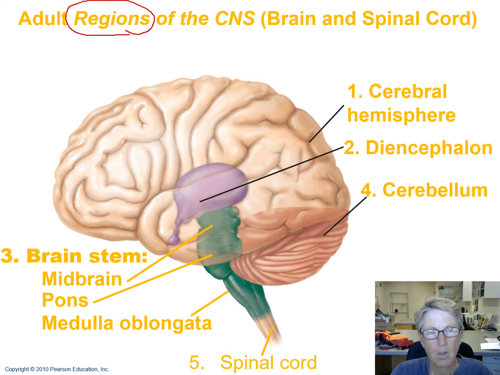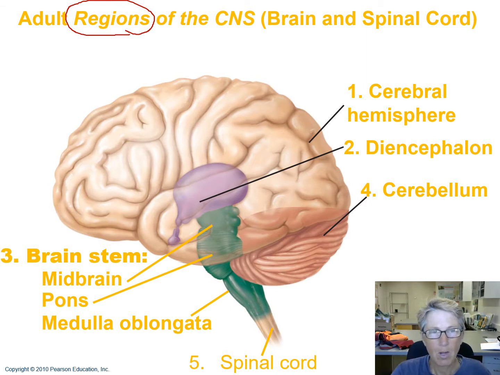So in this cartoon, we have regions of the central nervous system. I've italicized this because I want you guys to keep track of the different areas that we talk about. We're going to have regions and subregions and areas within regions and structures within regions and functionalities within regions, and it gets really complicated.